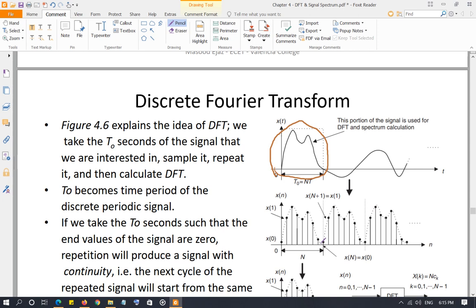And of course, all the frequency information will be from 0 to the folding frequency, 0 to N by 2, and from N by 2 to N is just the mirror image of the first half of the spectrum. So that's what Fourier transform is, as simple as that.